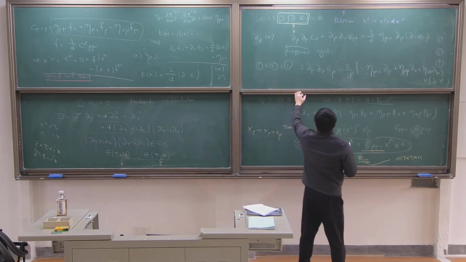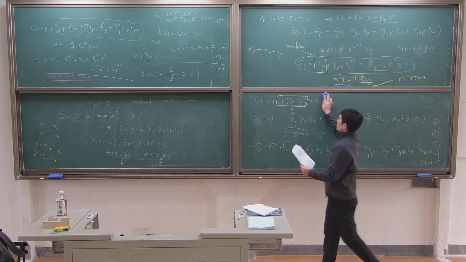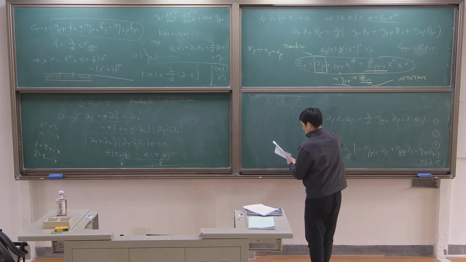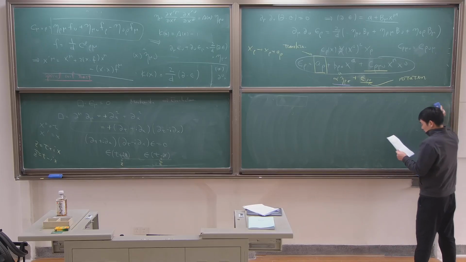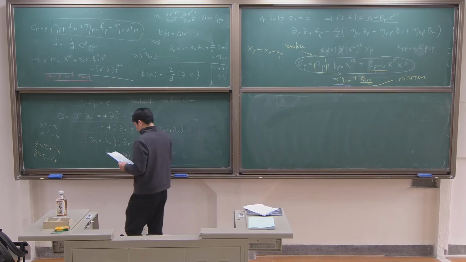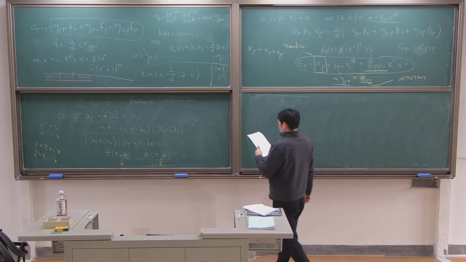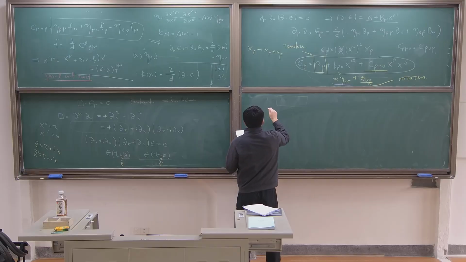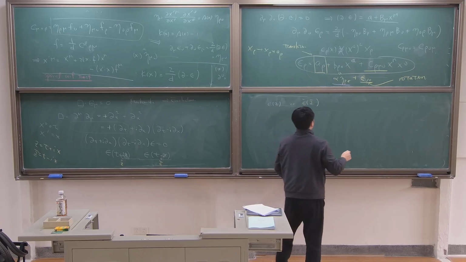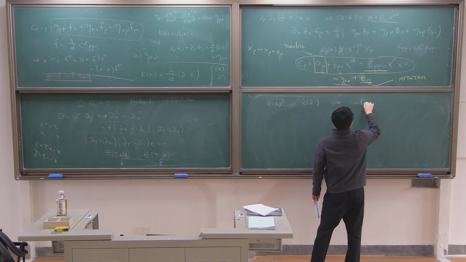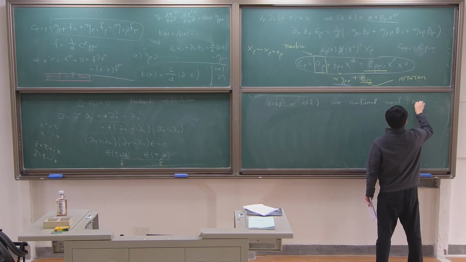This means that either a holomorphic transformation or an anti-holomorphic transformation will satisfy our conformal transformation condition in 2D, in d equal to 2.